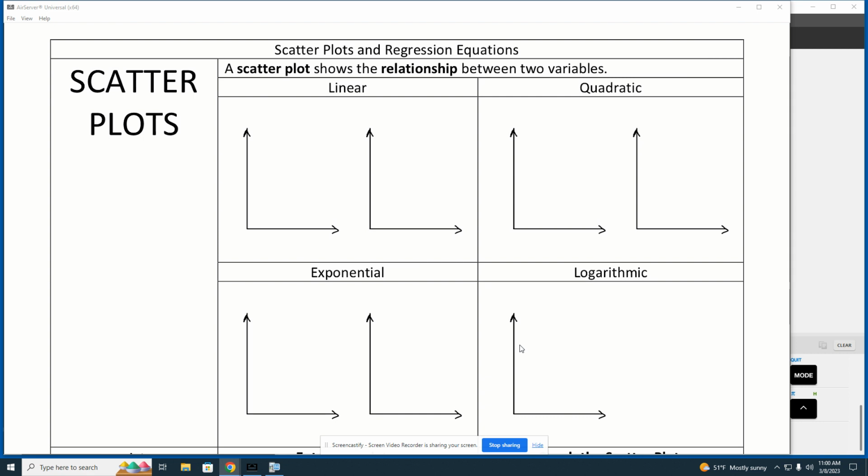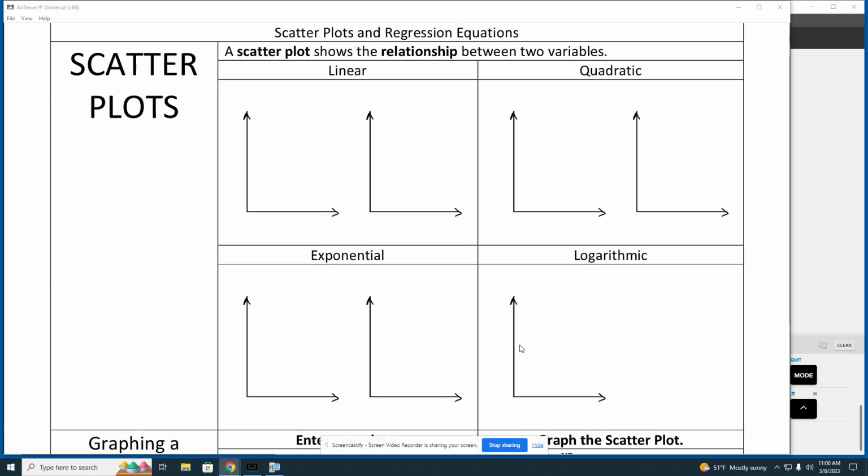Okay, you're not going to have to do it in your own brain. You're going to get to use your calculator. But you've got to be able to notice when you graph it what kind of equation it looks like. So these are the 4 we're going to deal with. Lines, quadratics, exponential, and logarithmic. So you need to be able to look at data and say, okay, I know which one this is.